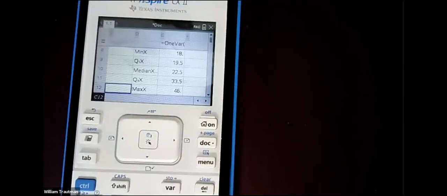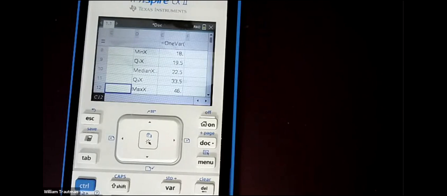I don't even remember how to do the box plot on my calculator. I can probably go to the workbook, and somewhere it says box plot. Yeah, in 3.4, I have the steps for creating a box plot. First you add your data just like we did.